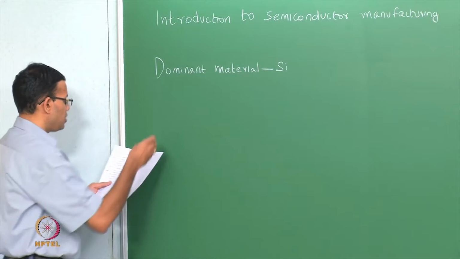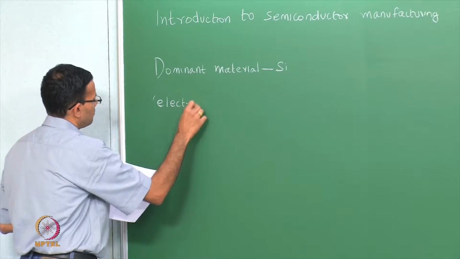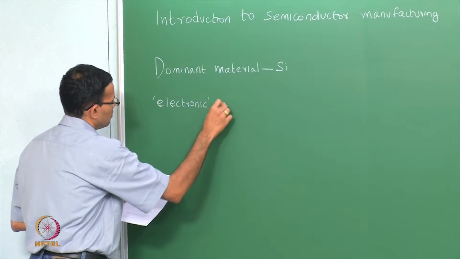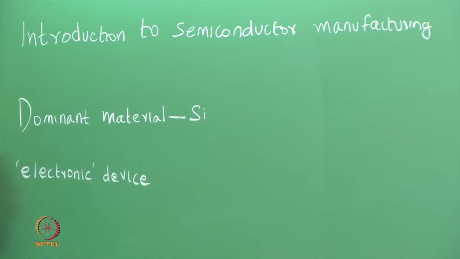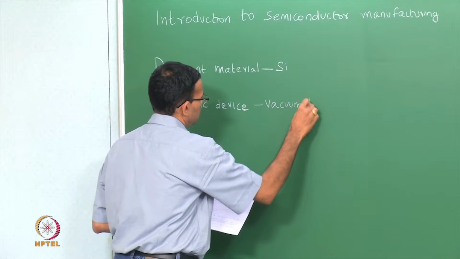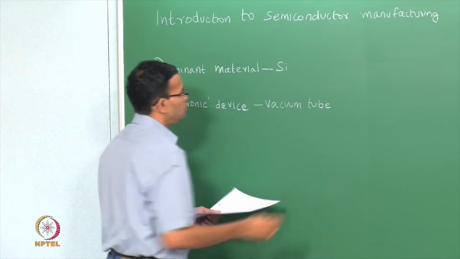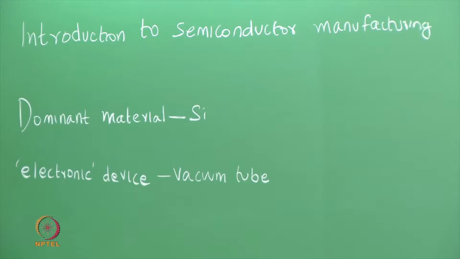The first electronic device, and I write electronic within quotes, was the vacuum tube. This was invented towards the end of the 19th century and the beginning of the 20th century.